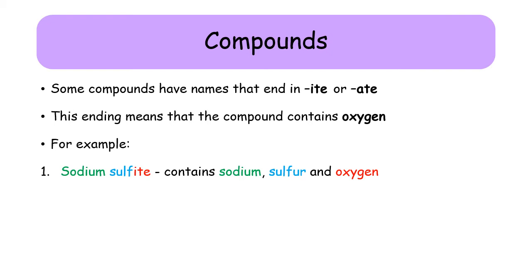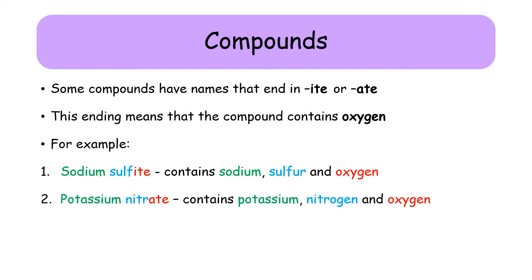The sulf part means that it contains sulfur, and the ITE lets us know that it also contains oxygen. Another example, potassium nitrate. Well, the potassium tells us it contains potassium. The nitra part tells us it contains nitrogen, and the ATE tells us that it also contains oxygen.